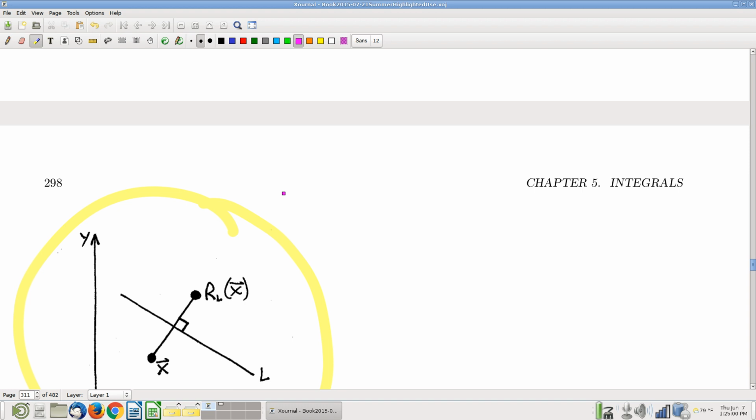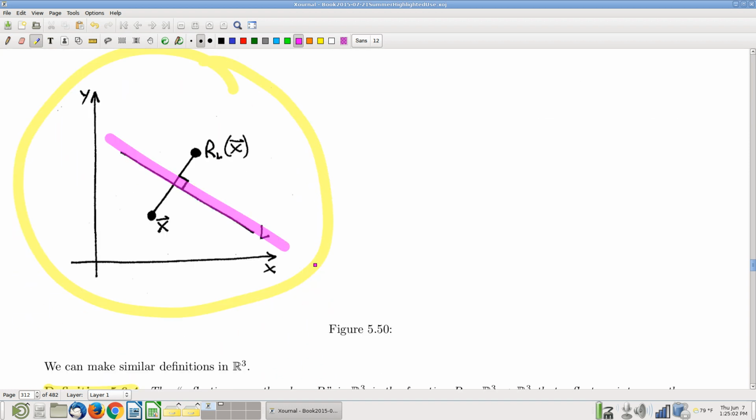It's exactly what you think it is. If you have a line, then reflection over that line means the mirror image. To say it precisely, if you draw the line segment from a point to its reflection, the reflecting line perpendicularly bisects that line segment. But it's exactly what you think it is.